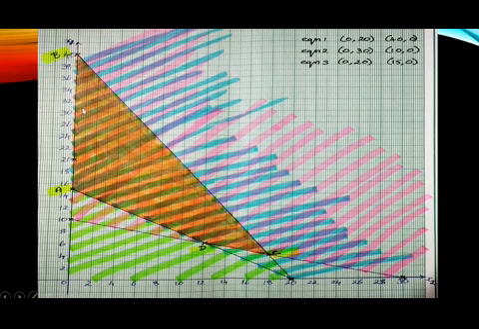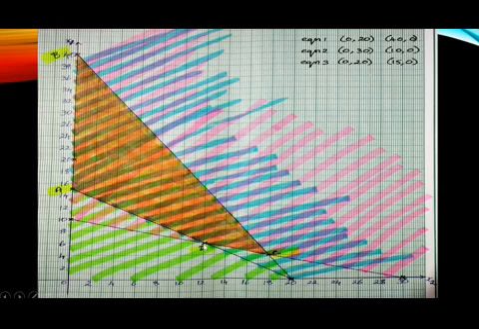With orange, I have just highlighted this region, and I am supposed to mark the extreme points. The extreme point A is 15, 0. Extreme point B is 40, 0. Extreme point C is almost 5.8 and 17.8.